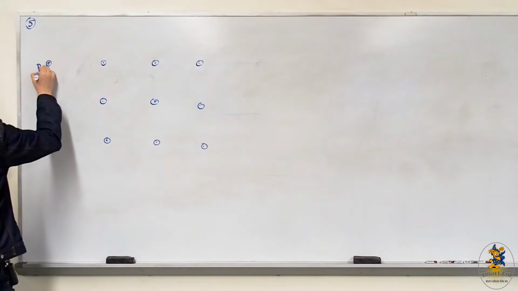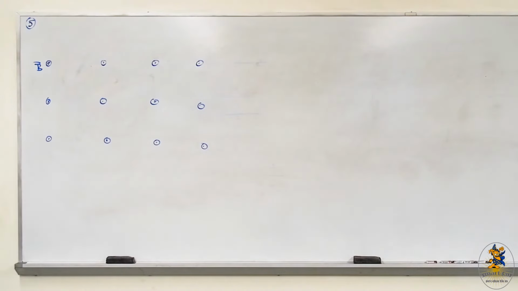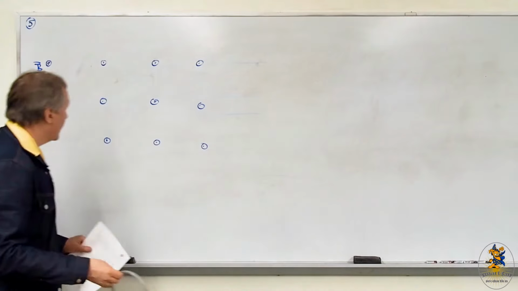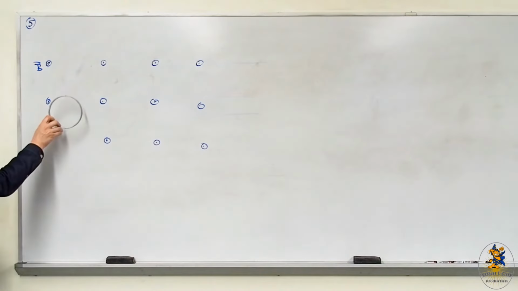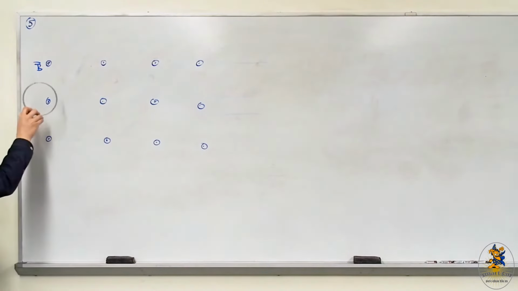So that's B. And let's take a few loops. The first loop is going to oscillate like this.